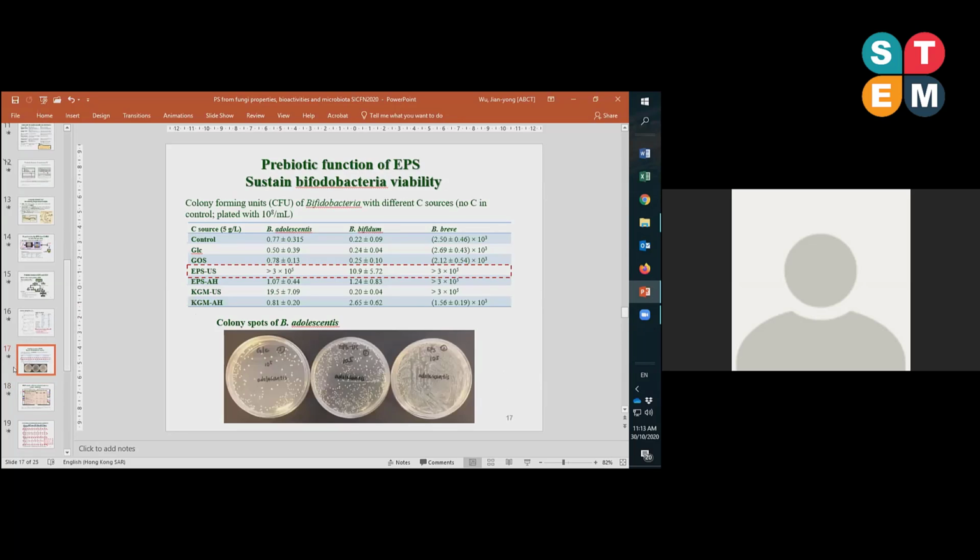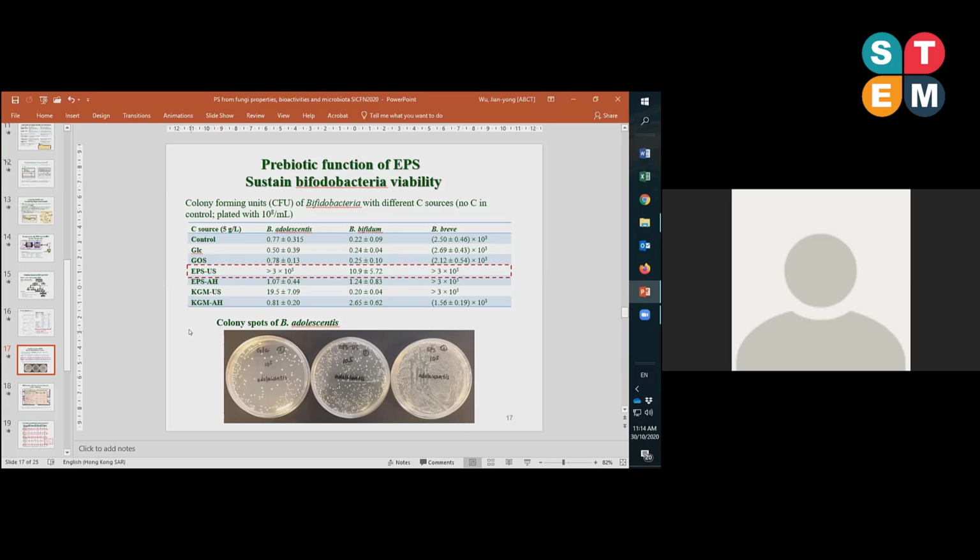So we put this in an anaerobic jar, and we also supply an anaerobic sachet to maintain the anaerobic atmosphere. Then we place the tubes on a shaker and shake during the culture period.